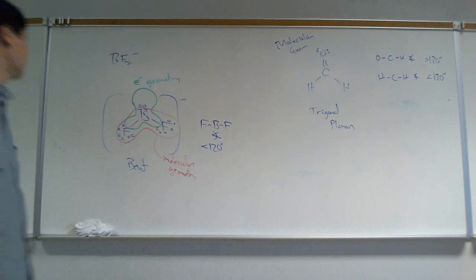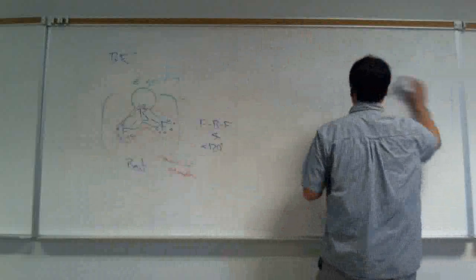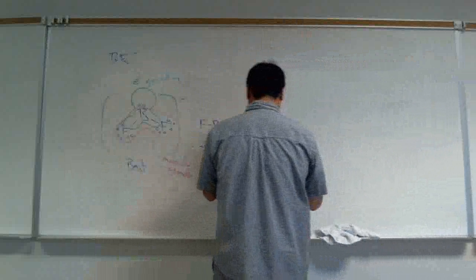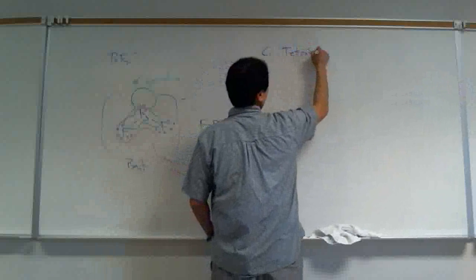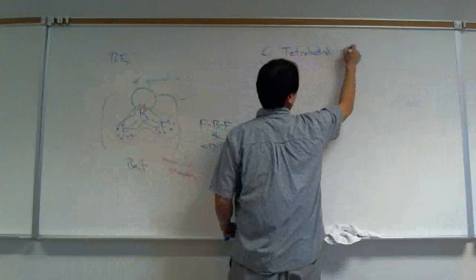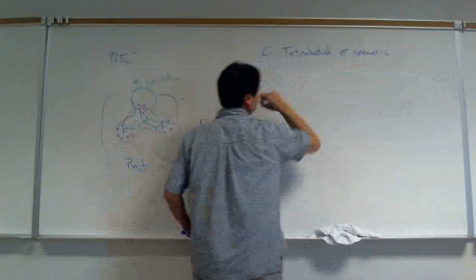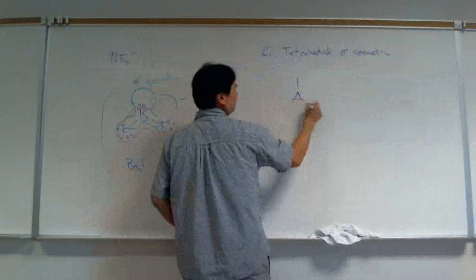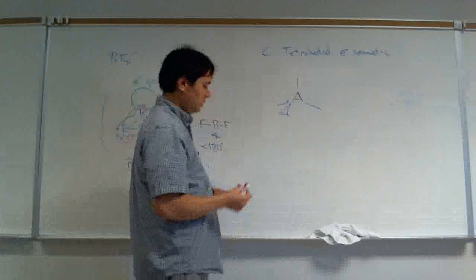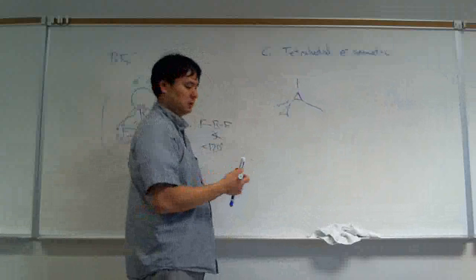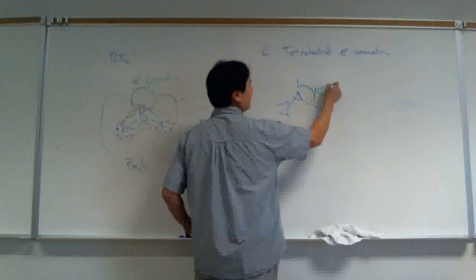Let's do some more examples here. The next electron geometry is tetrahedral. You know the angles in a tetrahedron? All the angles are the same, 109.5 degrees.